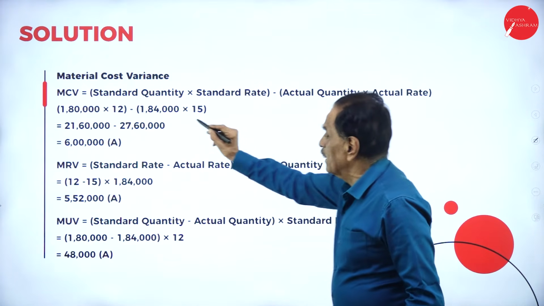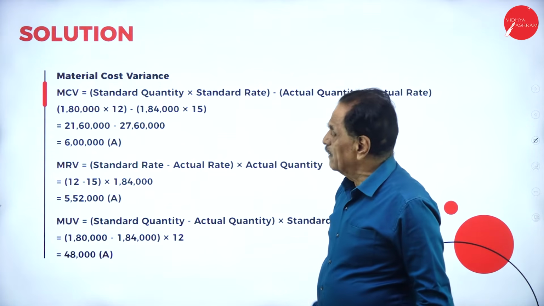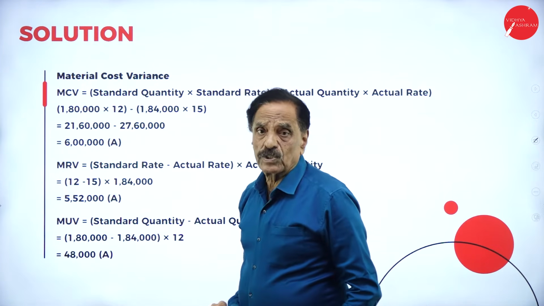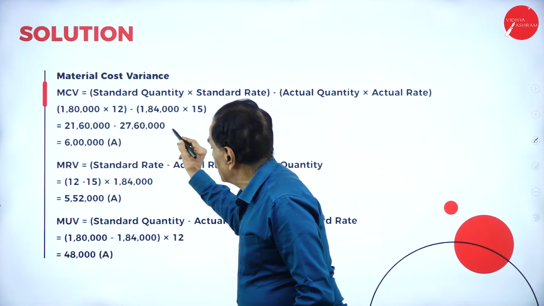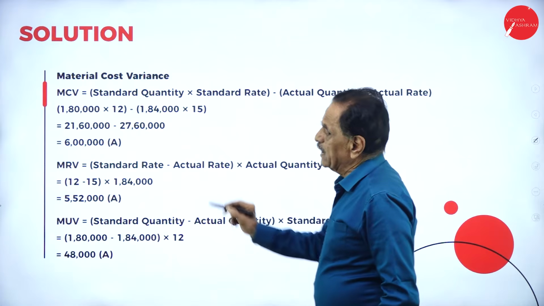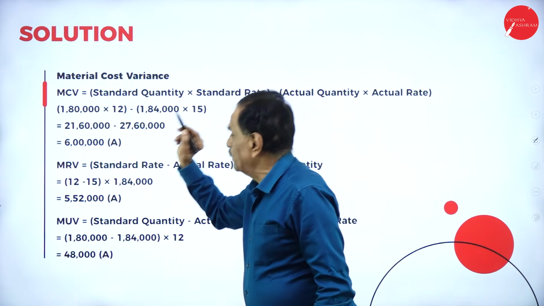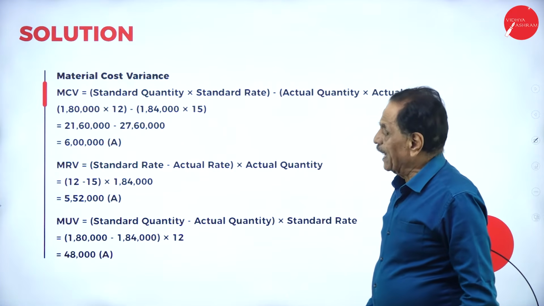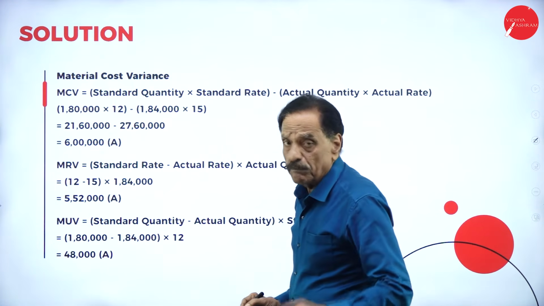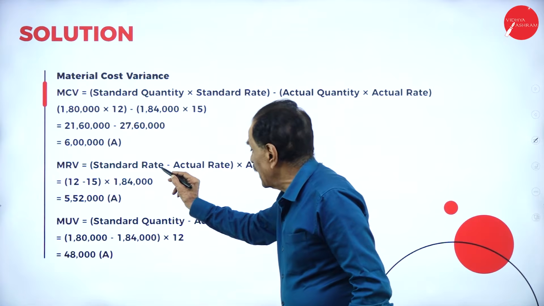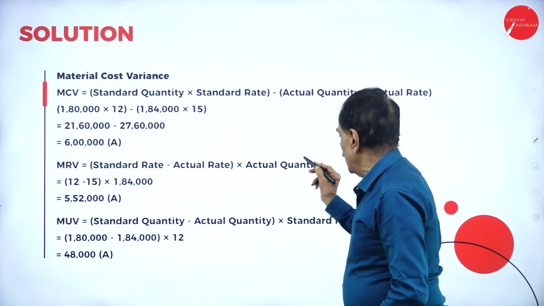Your actual is 1,84,000 into 15. It works out to 21,60,000 and this is 27,60,000. So a minus figure will come, and it is called adverse. How much adverse? 6 lakh.